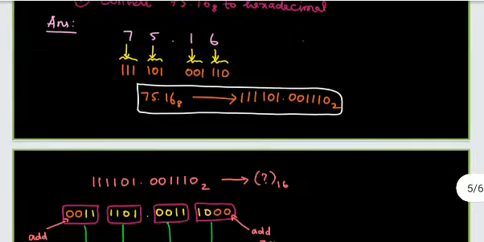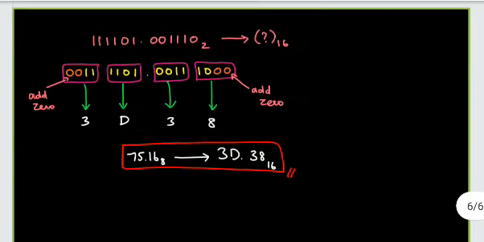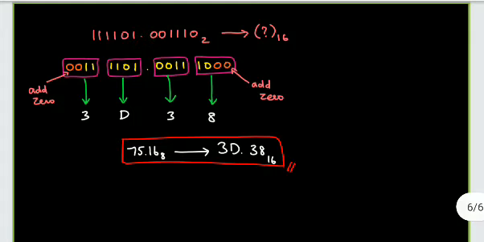So from this binary value I am going to calculate the hexadecimal value. So from binary to hexadecimal, how can we perform the conversion? Making 4 binary digits as one group in the given number.